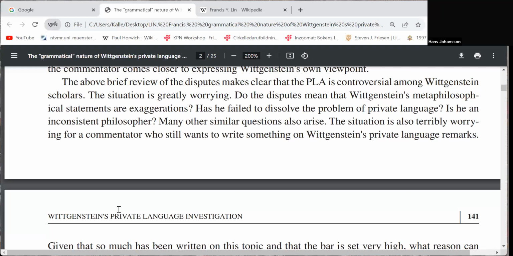The above brief review of the disputes makes clear that the PLA is controversial among Wittgenstein scholars. The situation is greatly worrying. Do the disputes mean that Wittgenstein's metaphysical statements are exaggerations?